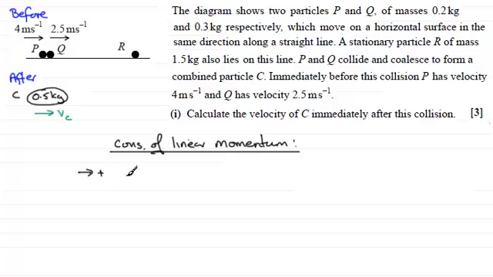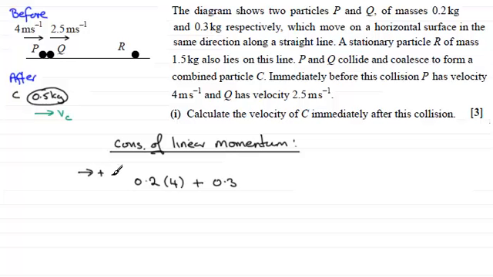Now, the momentum, remember, is mass times velocity. So if we take first of all the momentum of particle P, its mass was 0.2 kilograms, so we've got 0.2 multiplied by its velocity, which will be 4 meters per second. It's in the positive sense, so it's going to be plus 4. Now to this we add the momentum of Q, so its mass, which is 0.3, multiplied by its velocity, which is 2.5.